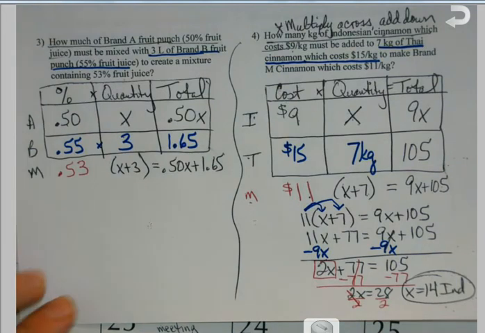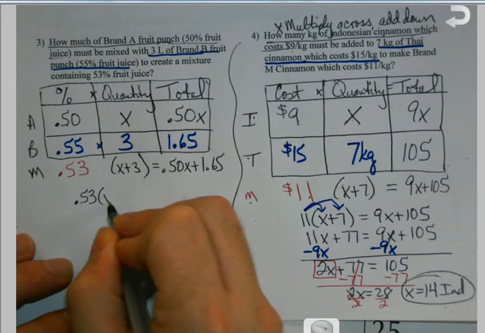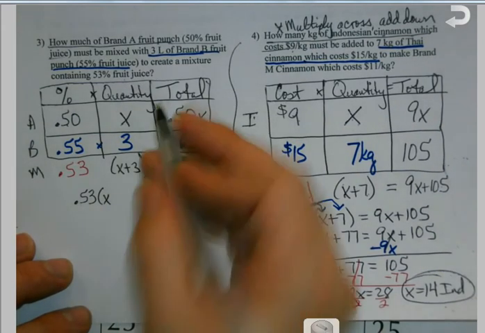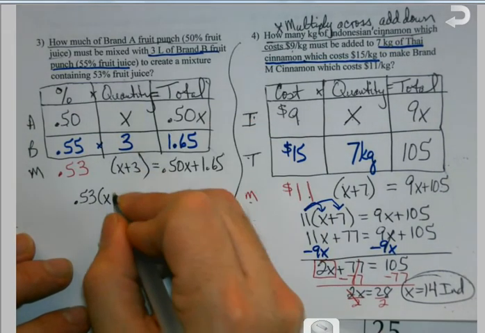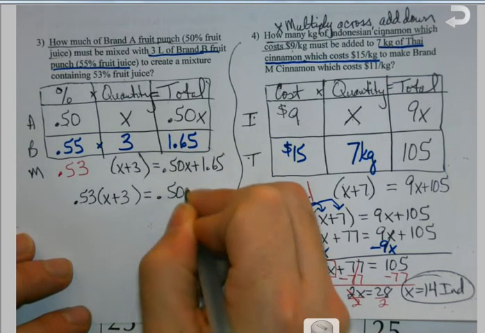So just like I did when I was doing number 4, once I get the box filled up and add down and do all my other good stuff, let me just rewrite it here so I see what I'm up to. Notice the equals sign always comes in before the total sign, before we get working it, so we don't get confused and put the equals in the wrong spot.